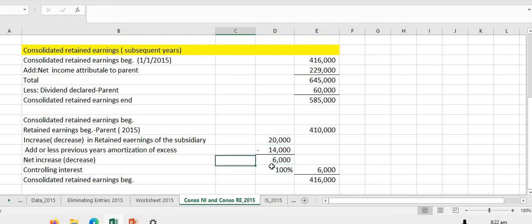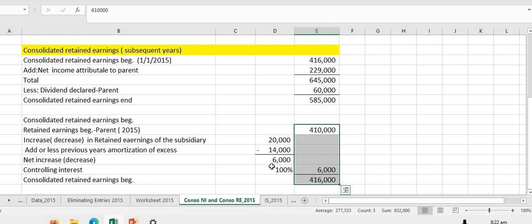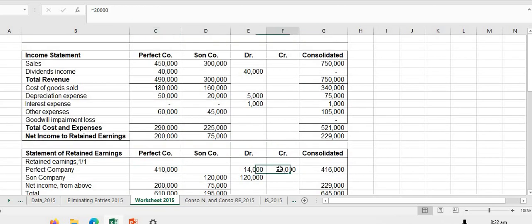So we have net increase of 6,000, diba, times 100%. Yan. So, ito yung consolidated retained earnings beginning. If ever di given yung 16,000, no? Another computation for 16,000. Actually, naka-reflect din yun siya sa ating eliminating entries. Is actually, diba, ito yun, 20,000 and 14,000.